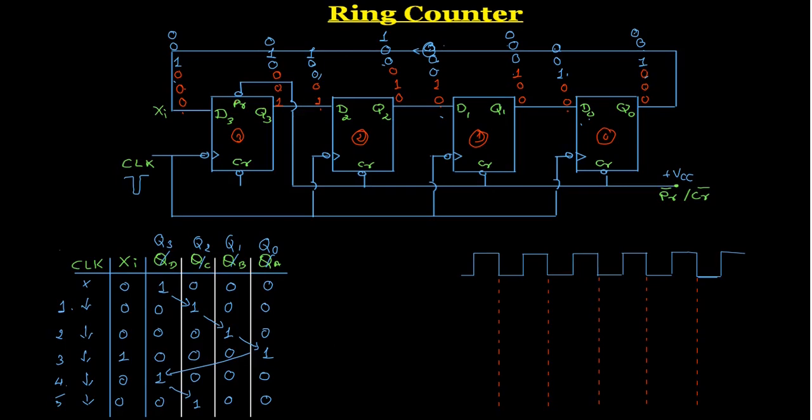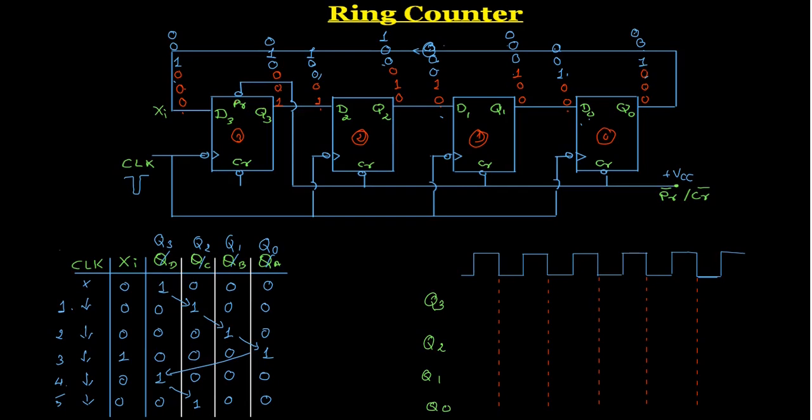This waveform we will draw for Q3, Q2, Q1 and Q0. Initially, remember, Q3 was high, as we have set a high level in QD, and QC, QB and QA are all 0.